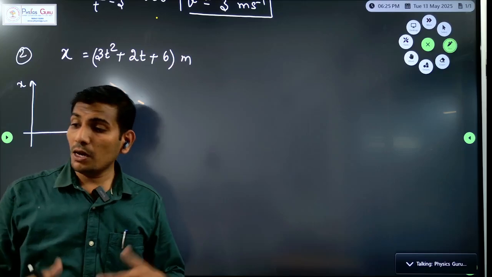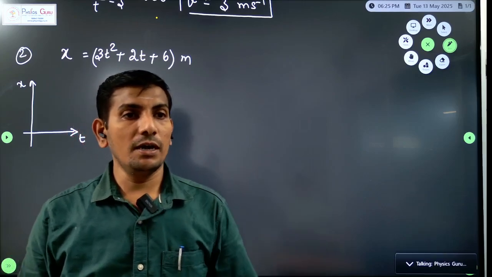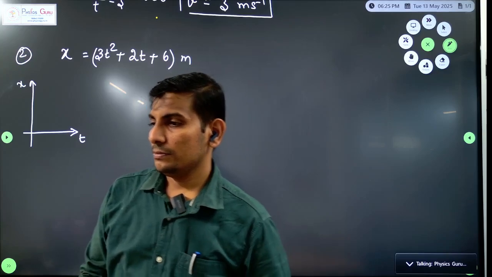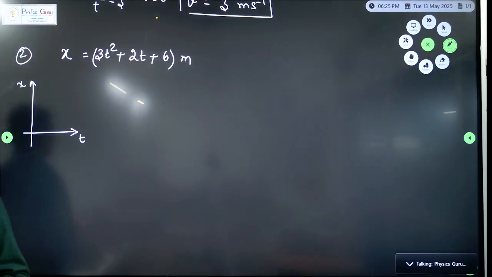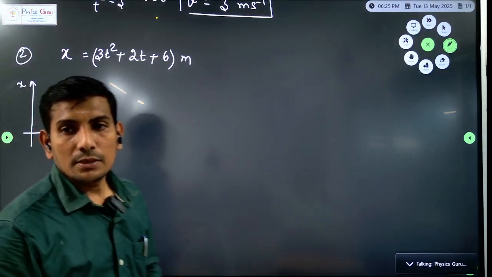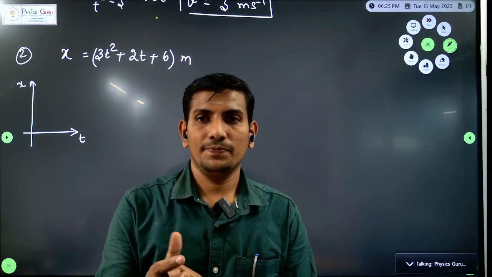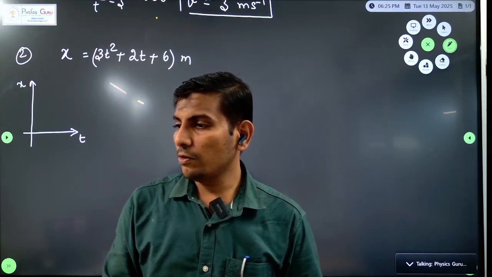If the velocity is not constant, then there is a possibility of acceleration or deceleration. Because if the velocity increases, we call it acceleration. If it decreases, then we call it deceleration. Am I right? Got it? Shall we proceed?